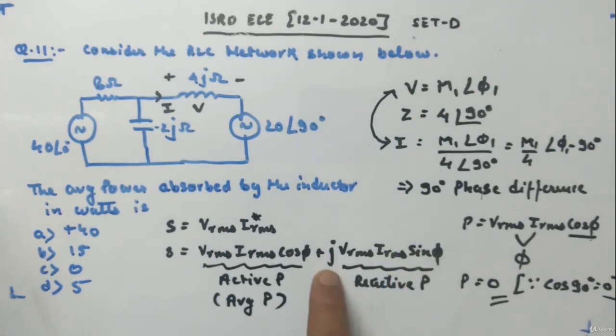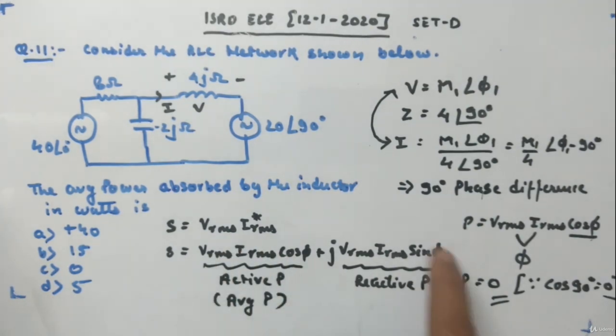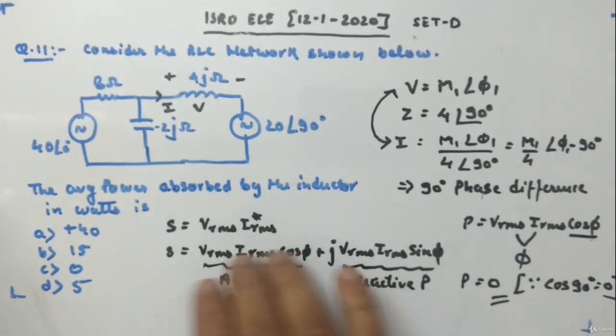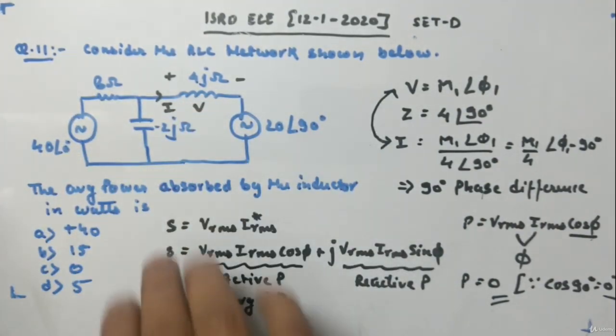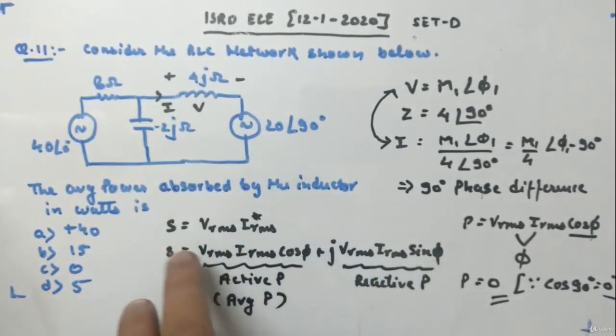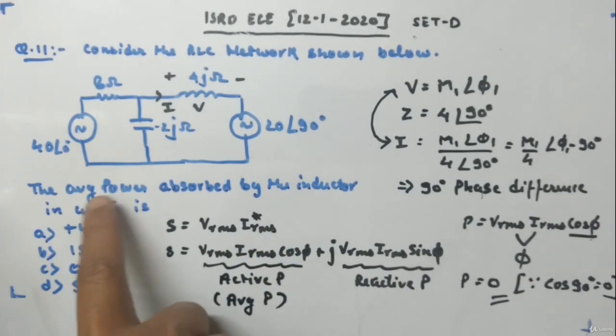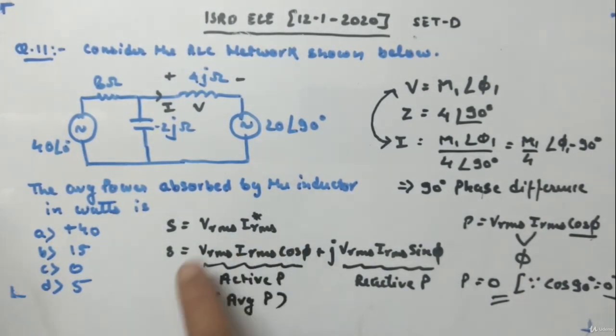The first term is called active power or average power, and the second term is called reactive power. We are interested in this branch only. This applies for any branch: in any branch, if you want to calculate the complex power, you will need these quantities. Since we are asked average power, we will only focus on that.